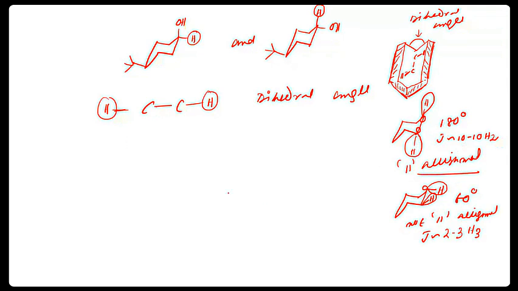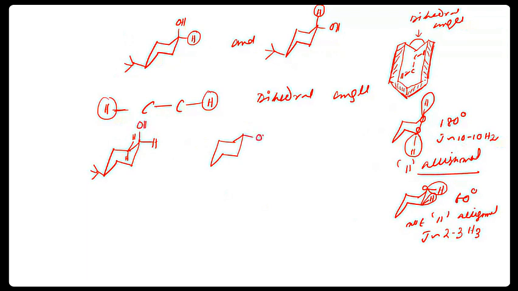We need this data. So what is happening here? I will draw both the structures parallelly. We have here H, H, and in this case, this is one OH here.